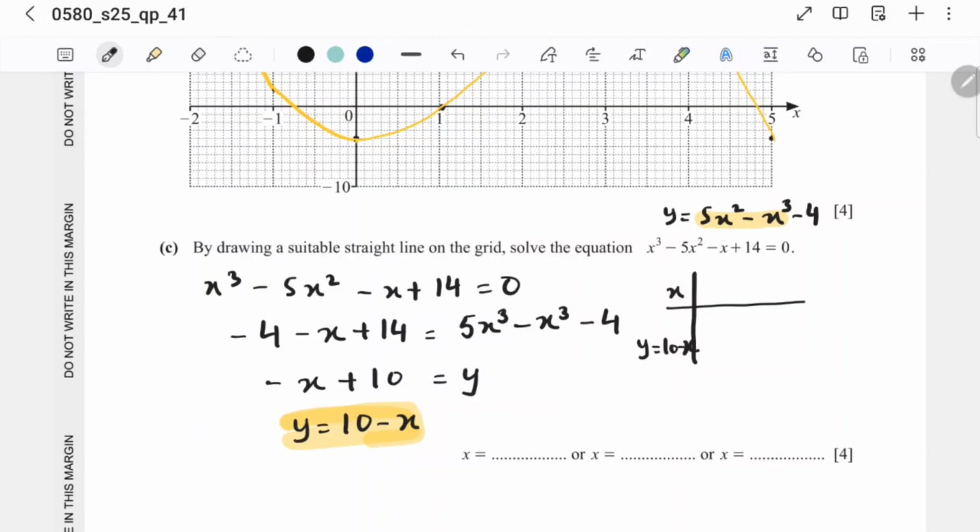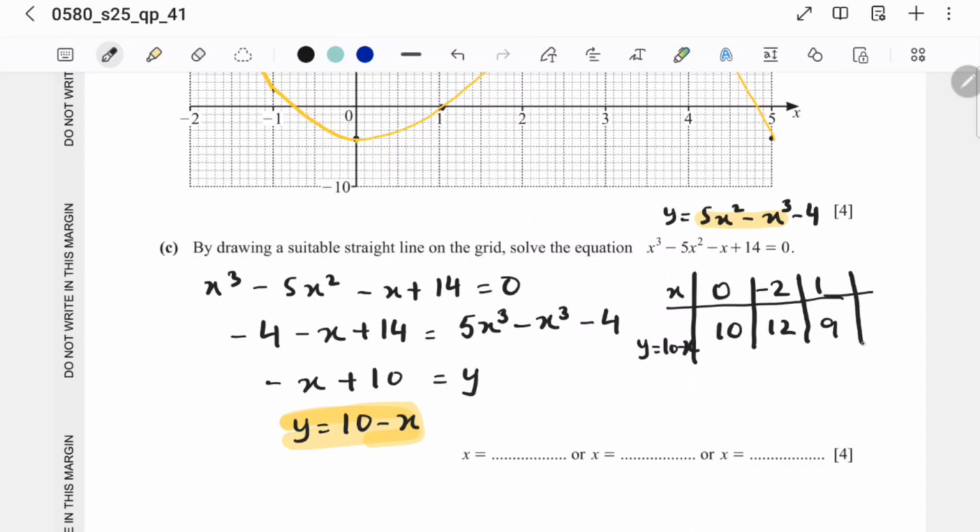Right now I'm going to draw this. If I take 0 for x, it will be 10. If I take minus 2, 10 minus minus 2 is 10 plus 2, it will be 12. I'm substituting the values. If I take 1, then 10 minus 1 is 9.